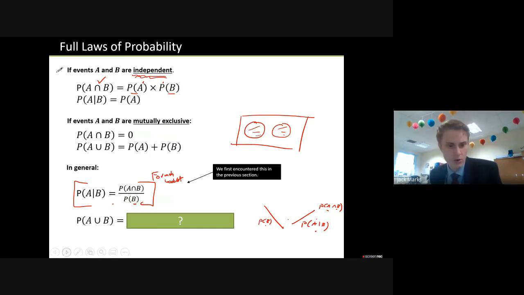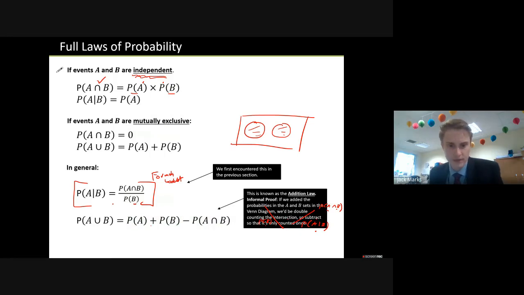As you saw in the previous section, I generally just draw a Venn diagram and solve it diagrammatically. But the formula is always there for you to rearrange if you need to. And in general, what about A union B? Well, if we talk about the general case, we don't know if things look like this, for example. They might look like this. So if you were trying to find A union B, if you shaded A and then you shaded B, do you see you have a problem, which is you double count the bit in the middle.